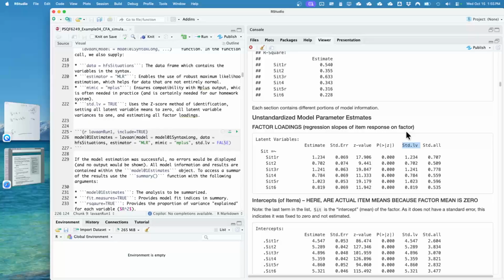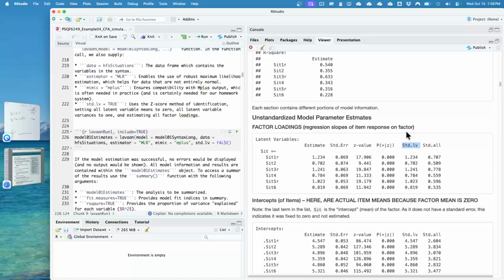Would it also be possible to use that, for instance, if our items are not scaled the same? No, that won't change. What does change? I'll give you another one. If you run this model and you put a marker item on sit 1, this becomes a 1. These numbers change, but these are always going to be the same.